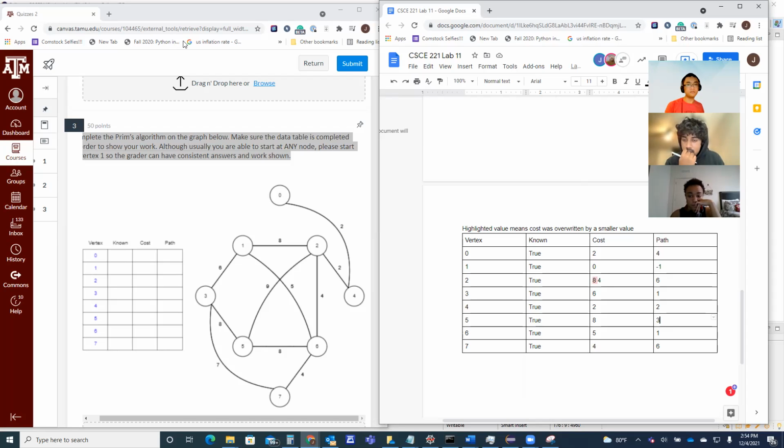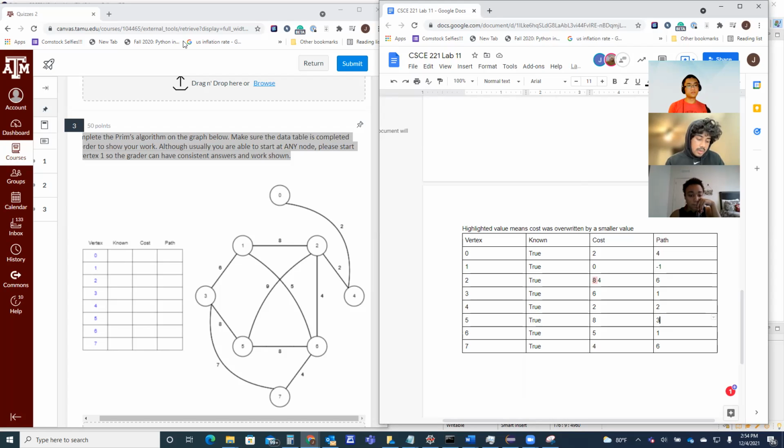Where do I go from there? 2 is connected to 4 by cost of 4. Oh, 2, my bad. And then 0 is connected to 4 with the cost of 2.